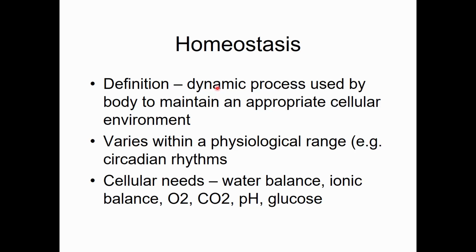That extracellular fluid needs a certain osmolarity, around 300 milliosmolar. It requires certain concentrations of oxygen and CO2 and a certain pH. There needs to be available glucose. And those vary within a physiologic range, for example, with circadian rhythms.